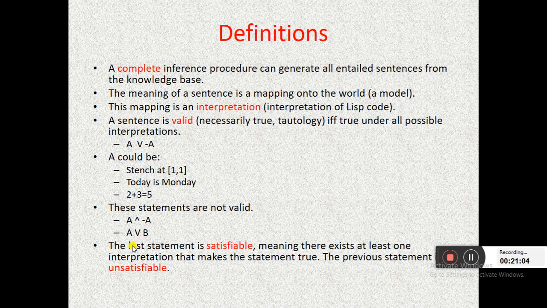So these are the different mathematical notations of inference. Like today is Monday, 2 plus 3 is equal to 5. And the last sentence is satisfiable, meaning there is at least one interpretation that makes the statement true. The previous statement is unsatisfiable.